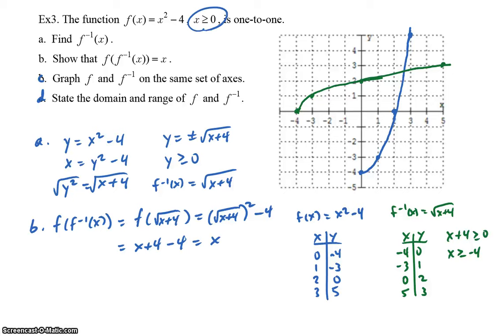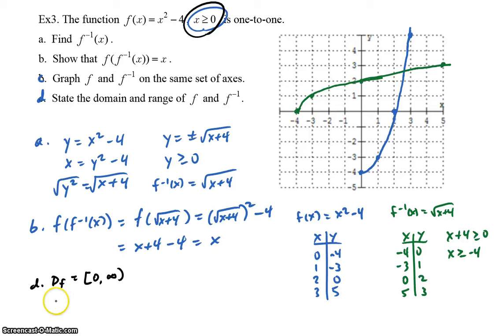Part D says, state the domain and range of f and f inverse. Well, let's look at f. The domain of f is given. It's x greater than or equal to 0. So that's bracket 0 to infinity. That was given because the domain was chosen for the function to be 1 to 1.